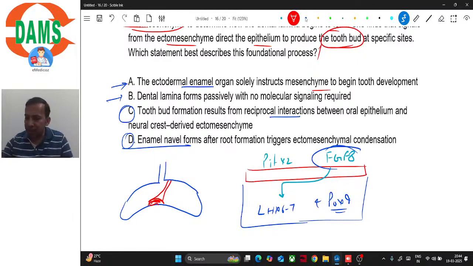In that case, there is a depression seen at the site of this attachment, and this depression is known as enamel navel. So this is a temporary structure seen in cap stage.